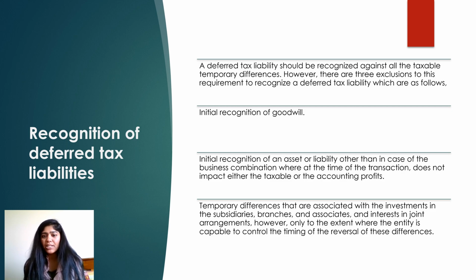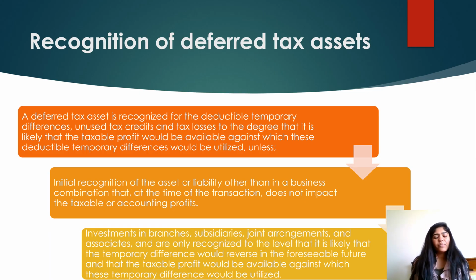The second is the initial recognition of an asset or liability other than in a business combination, where at the time of the transaction it does not impact either the taxable or the accounting profits. The third is temporary differences associated with investments in subsidiaries, branches, and associates, and interests in joint arrangements.